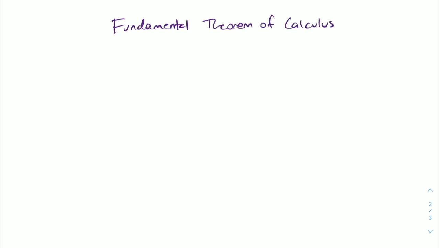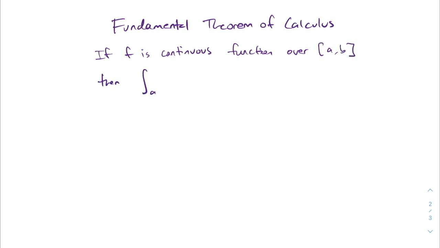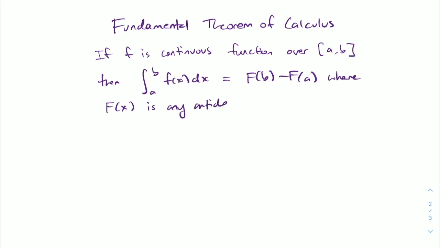It says if f is a continuous function over some interval a to b, then the definite integral from a to b of this function is equal to F of b minus F of a, where big F of x is any antiderivative of f of x.